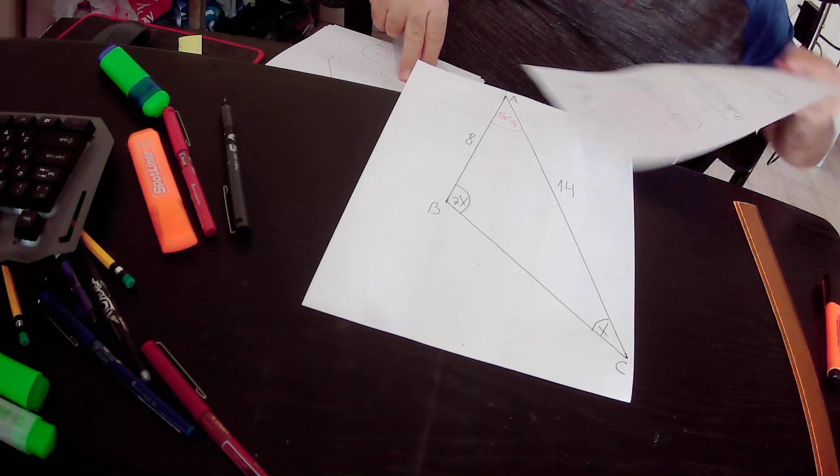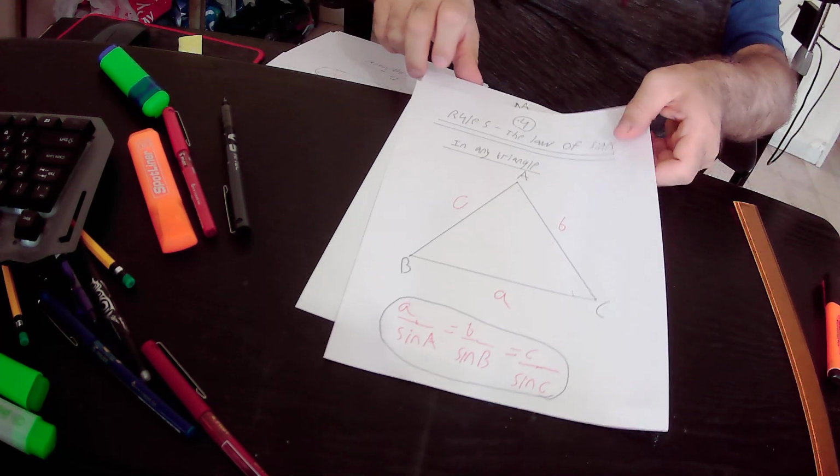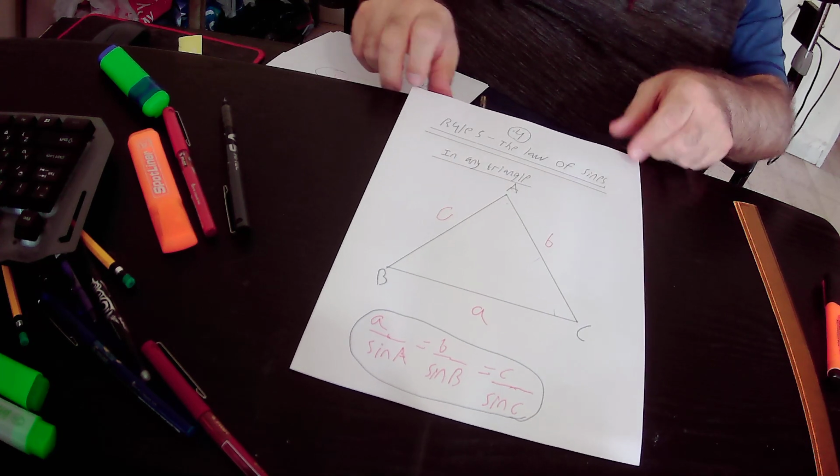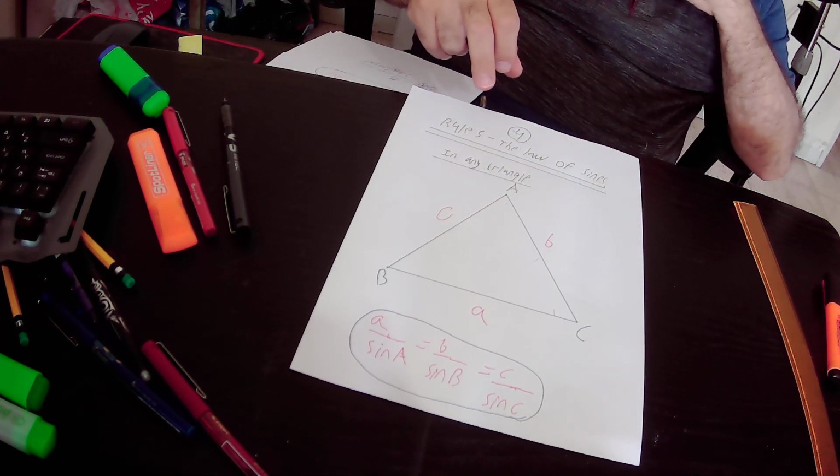And then I presented to you rule number 5, that is actually the law of sines, that we can use in any triangle.